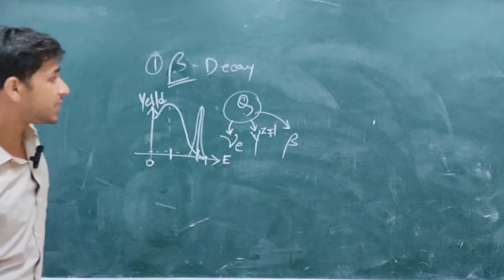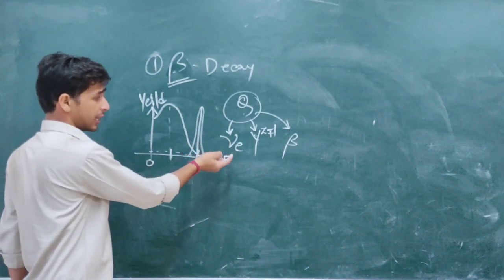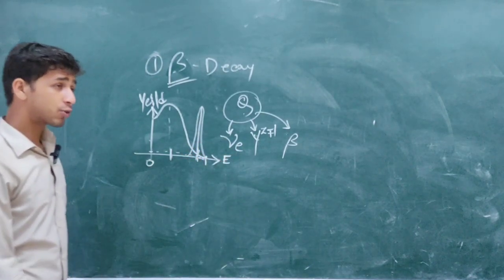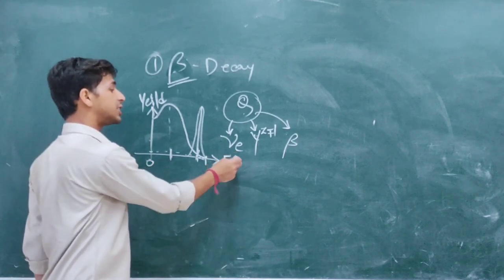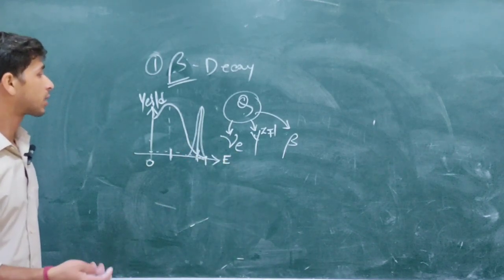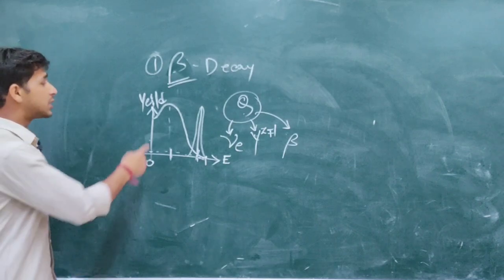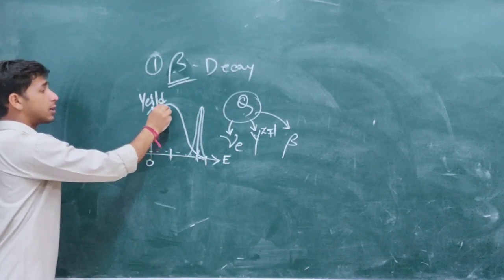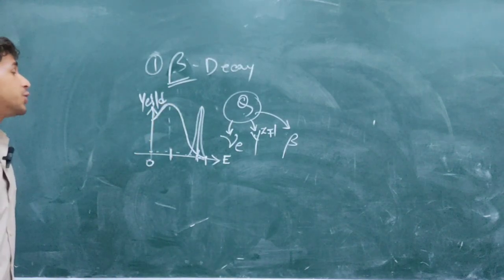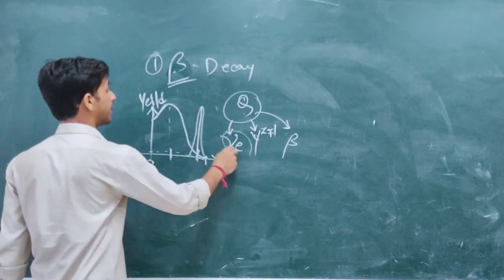For beta plus decay, this is the electron neutrino, and for beta minus decay, this is the anti-electron neutrino. So from this kind of experimental result, we confirm the existence of the neutrino particle.